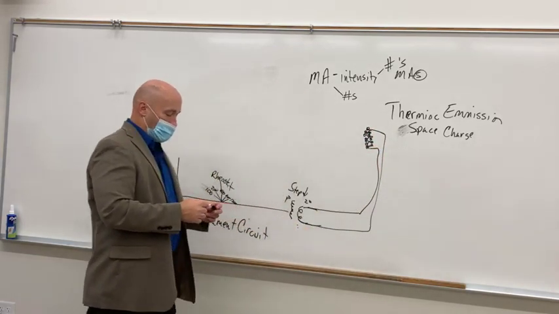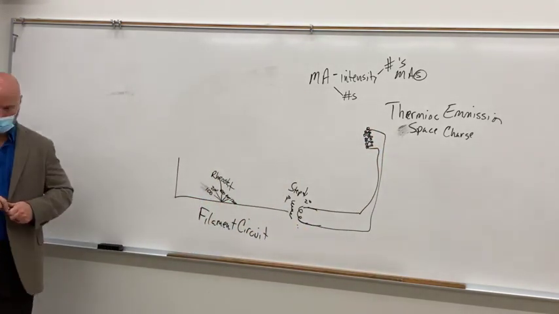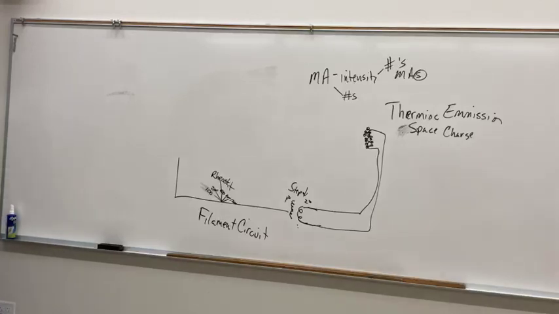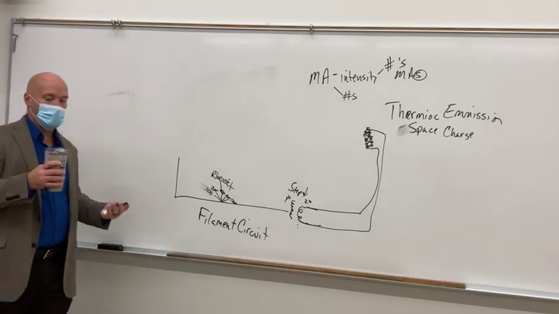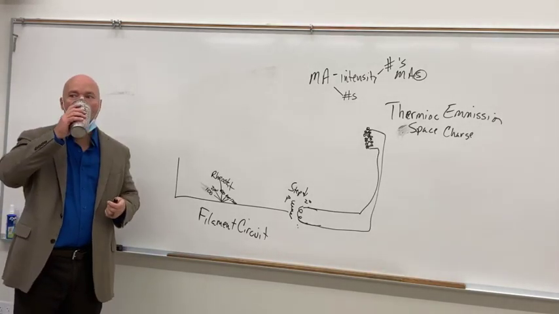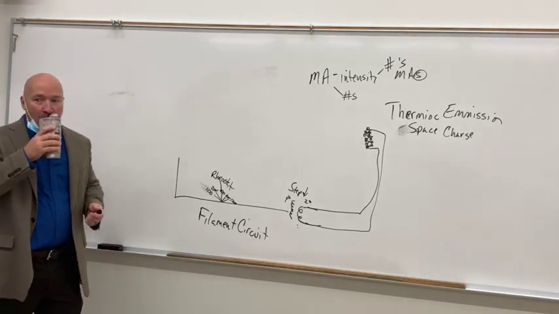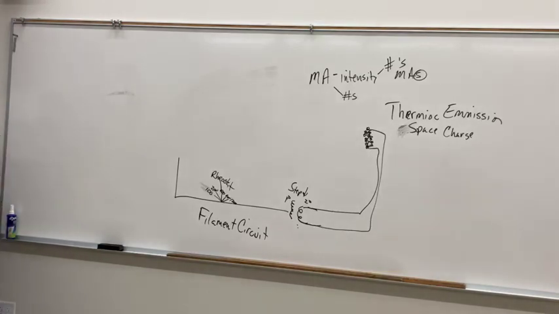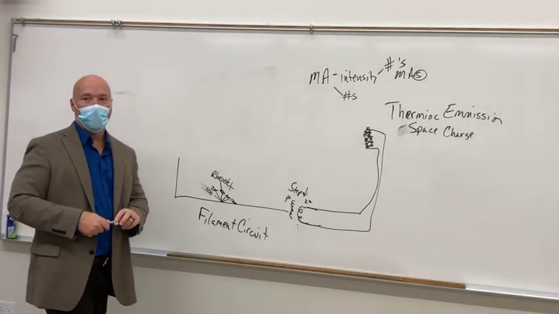Now, why would we want low voltage at this point? What controls whether or not those electrons go across the tube? Seconds? That controls how long they go across the tube. But what controls whether or not they do?